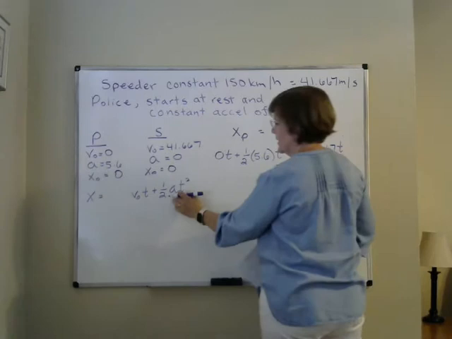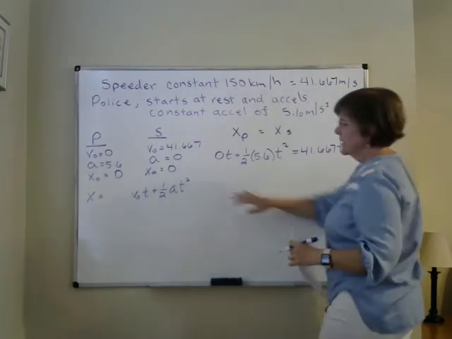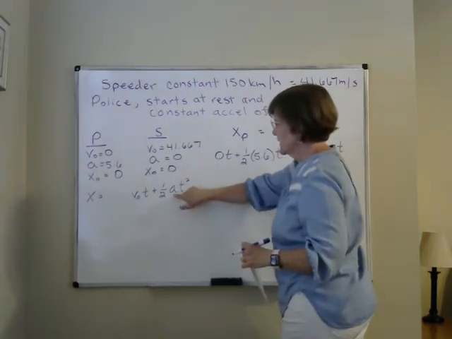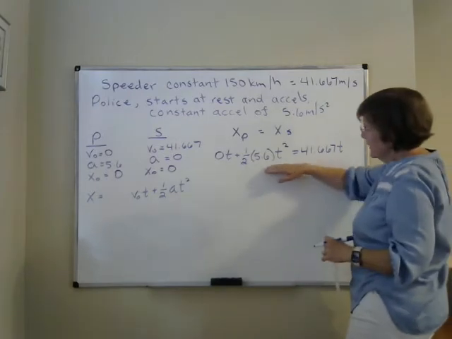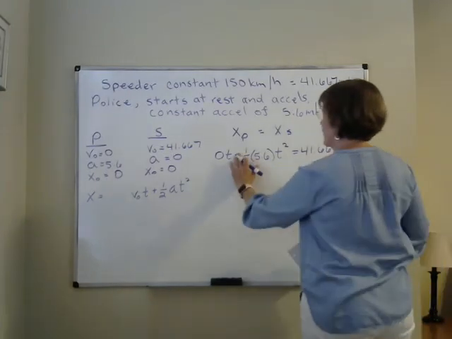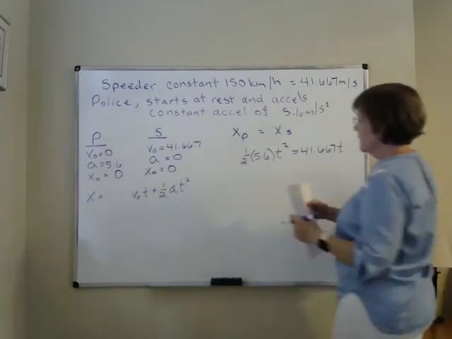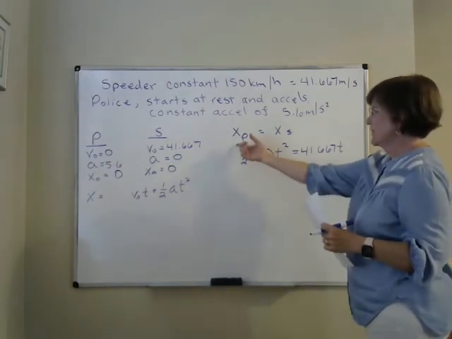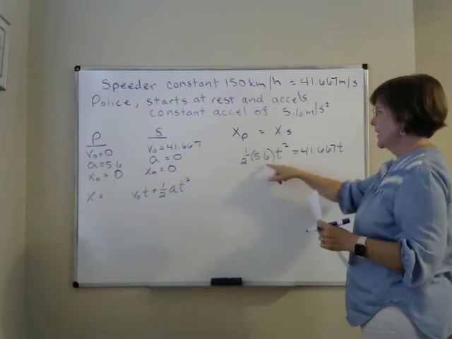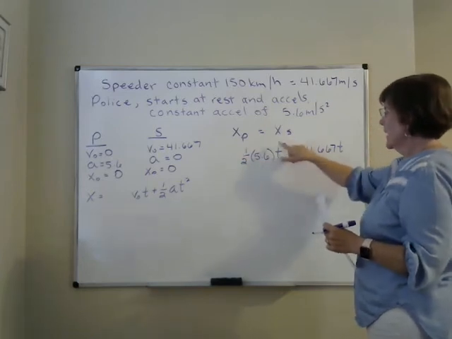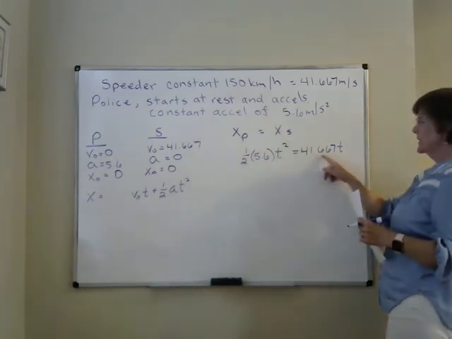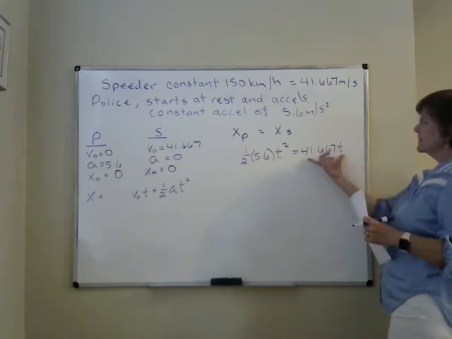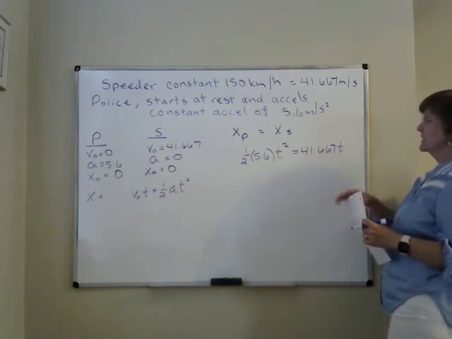His acceleration is 0, so I don't even need the 1/2 at squared because that's 0. So this formula, in fact, I can leave that off. You can see right here, this formula tells me how far the police officer travels, 1/2 5.6 t squared. And this formula, 41.667 times t, tells me how far the speeder travels. I just have to solve that.